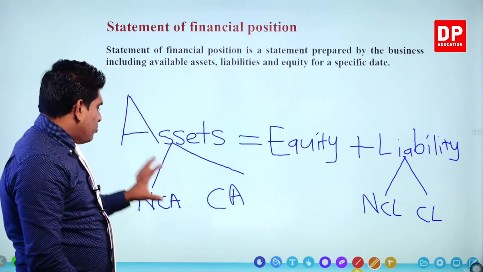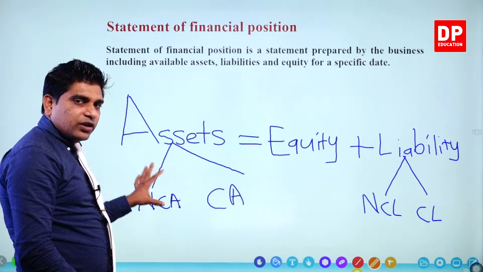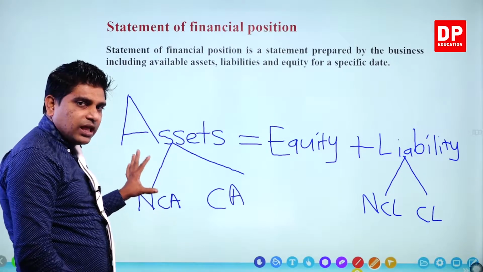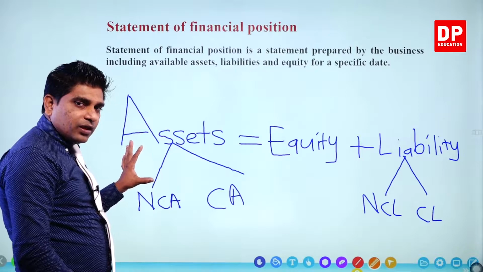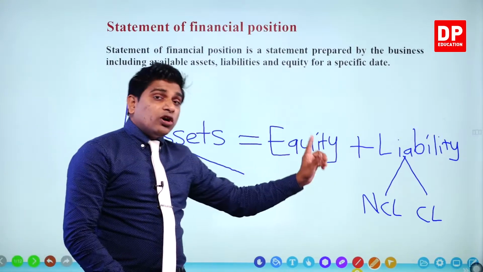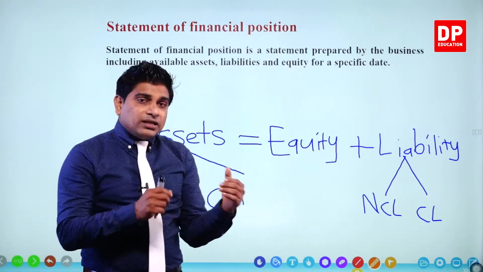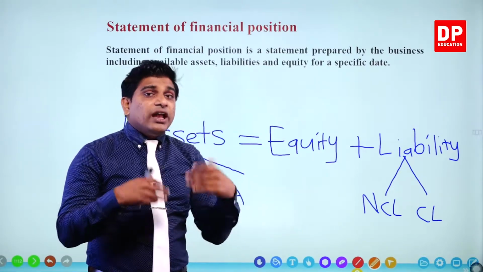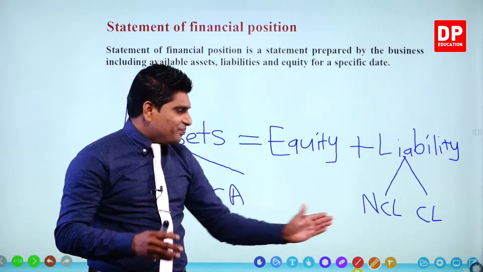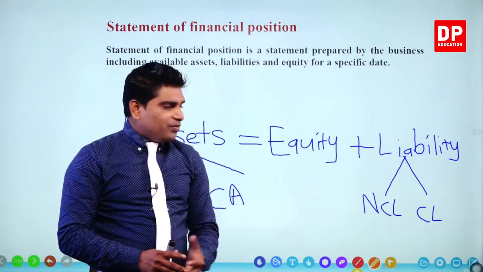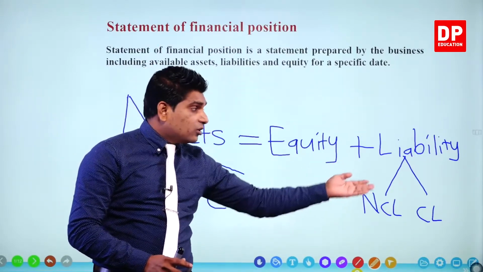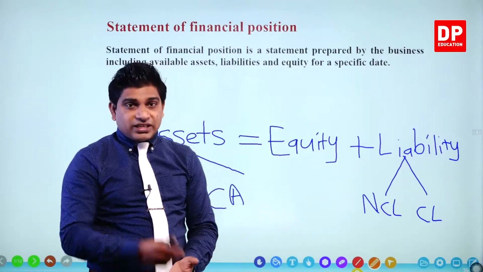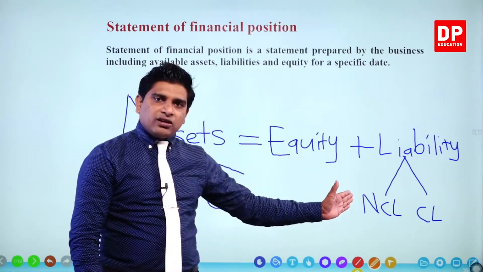Here, if you can use them for more than 1 year, they are non-current assets. You can settle those liabilities in more than 1 year, so that's why non-current liability. Within 1 year, within 12 months, you have to settle those liabilities. They are current liability.